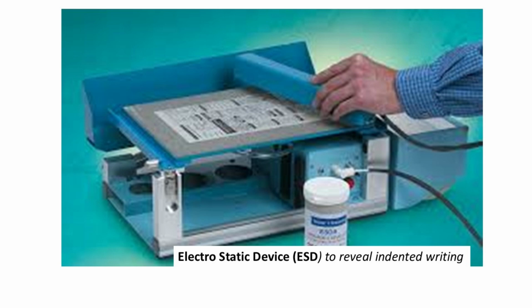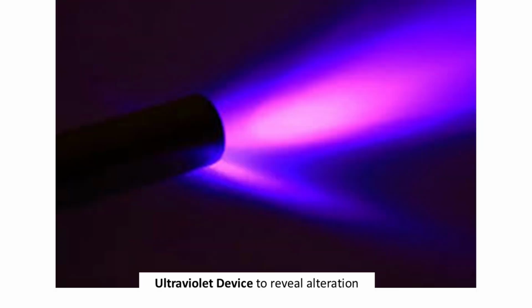In a case where something has been used to remove part of the document, what has been used to remove part of the document will have impact. That is when you have impact on the paper. Though the impact, the indentation may not appear much so that the naked eyes will see very well, but an electrostatic detection device will make it clear, will make it visible.